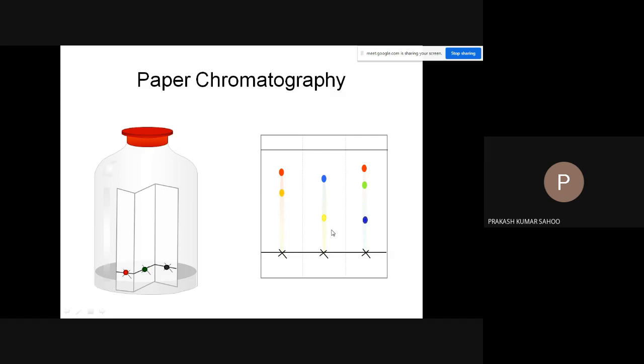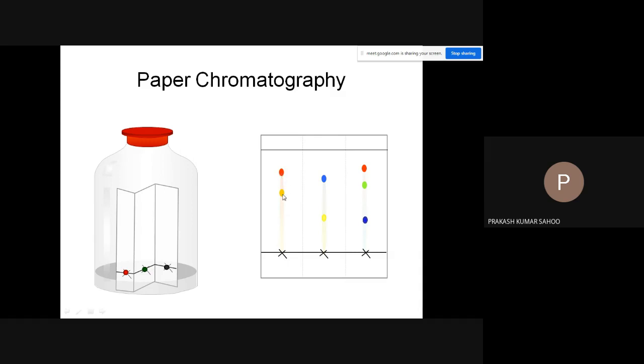And just remember one thing: the red color is above and the yellow color is below. That means the solid phase, that is the TLC paper, has more affinity for the yellow component than the red component.